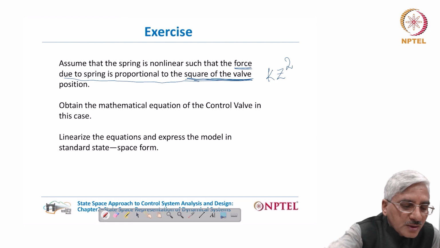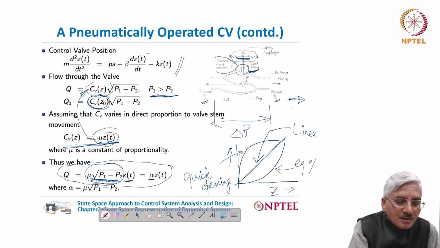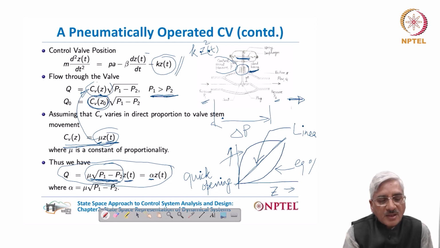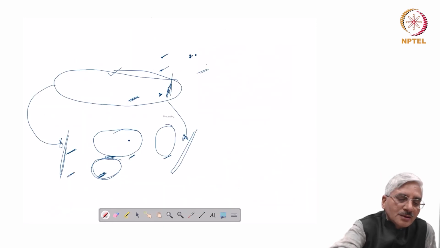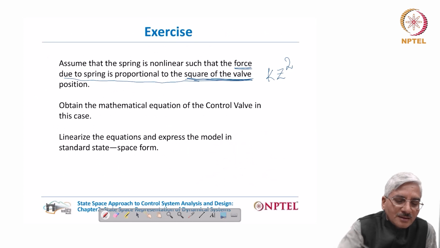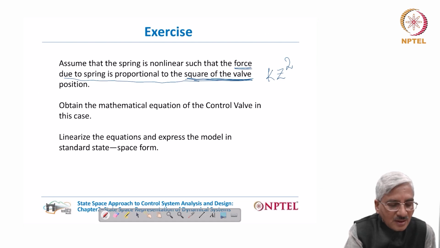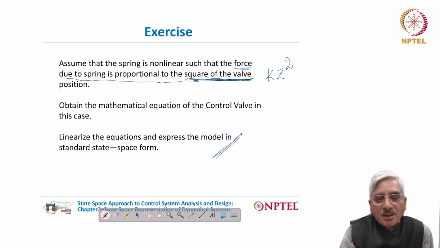So here the spring force kz now will become kzt square, and I suggest that you develop the mathematical model, linearize that equation and express them into the standard state space form to obtain the model of the pneumatically operated control valve in standard state space form.